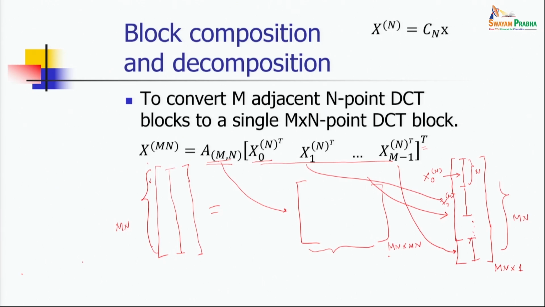And how this matrix can be computed: it can be derived using the series of inverse transform and forward transform that we discussed with respect to 4-point and 8-point DCT.